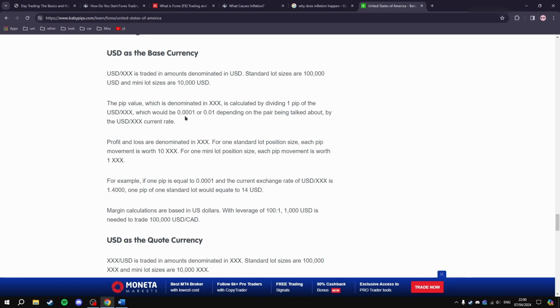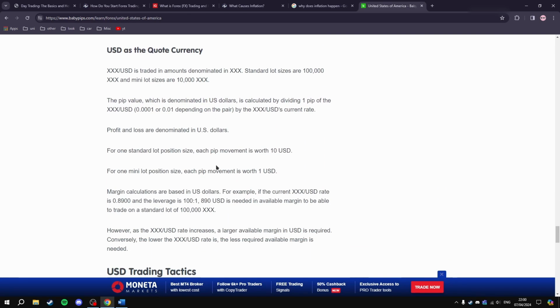For example, if one pip is equal to 0.0001 and the current exchange rate of USD/XXX is 1.4, 1 pip of one standard lot would equate to $14. Margin calculations are based in US dollars, with leverage of 100 to 1. 1,000 USD is needed to trade 100,000 USD CAD.